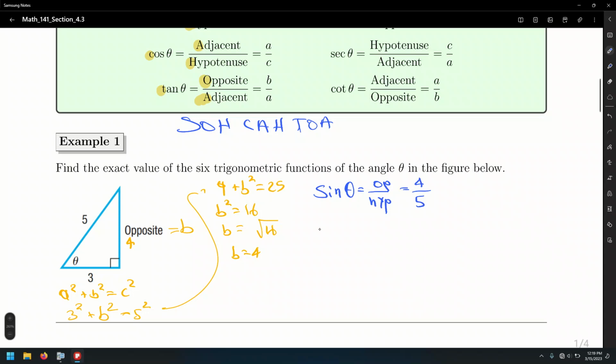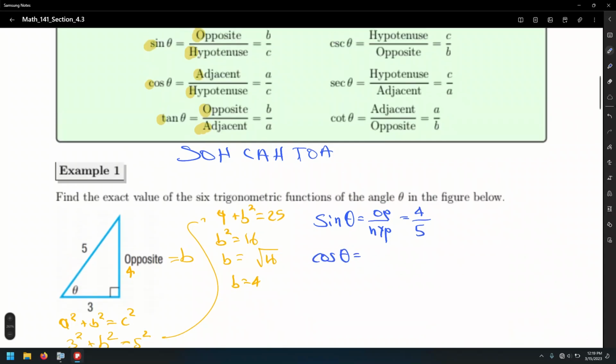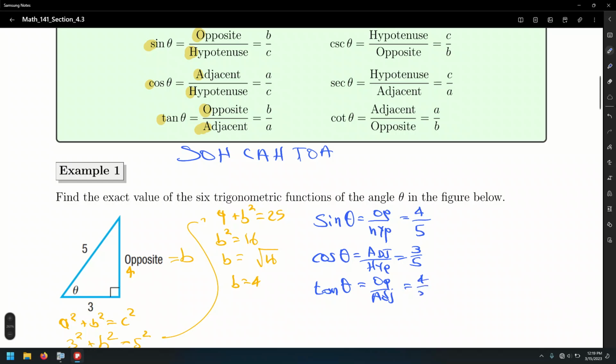So cosine theta, by definition, is adjacent over hypotenuse, that equals 3 divided by 5. And tangent, which is opposite over adjacent, equals the opposite, which is 4, over the adjacent, which is 3.